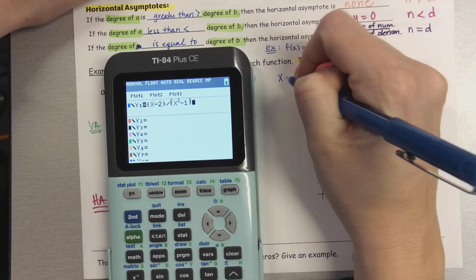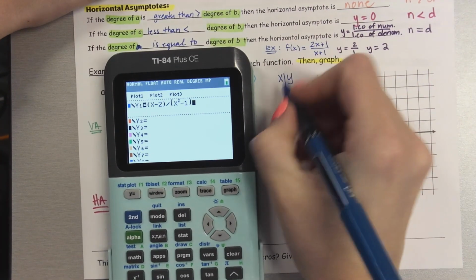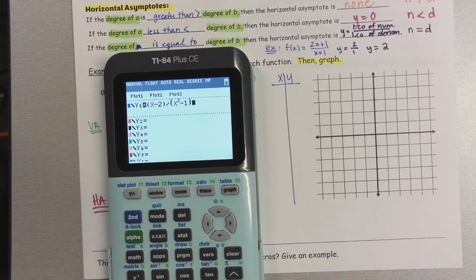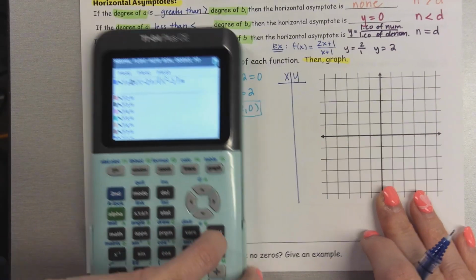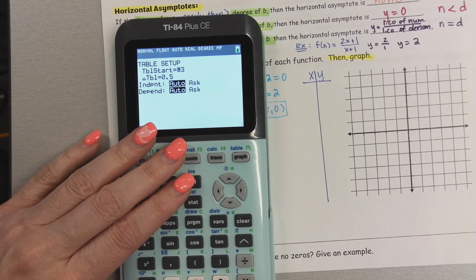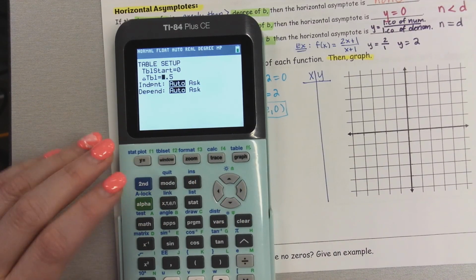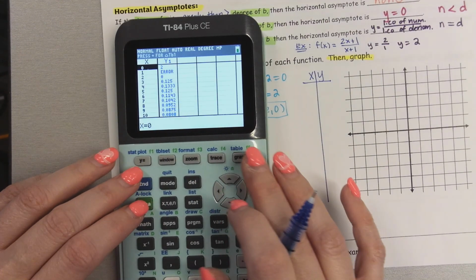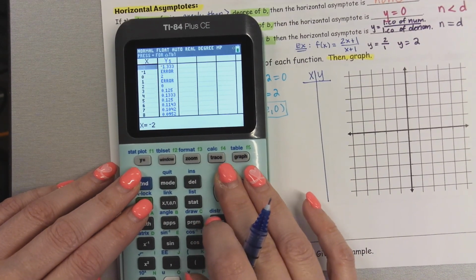Okay, and then when you are doing your table, you are going to be plotting several points there. Okay, so we're going to go to our table set. I'm going to go to 0. Let's just go by ones to start this off, and then we are going to look at a few things.